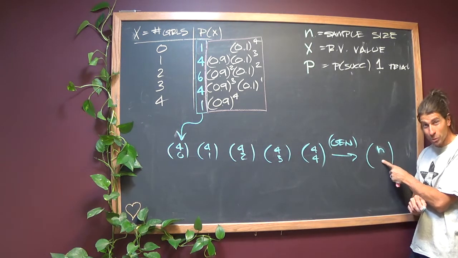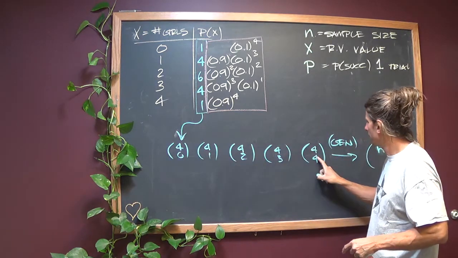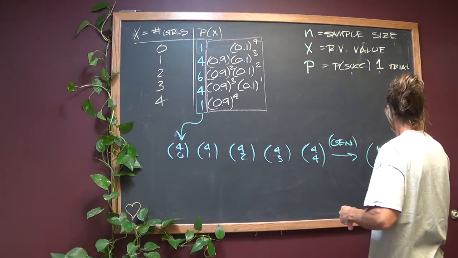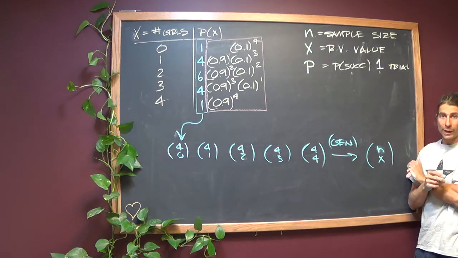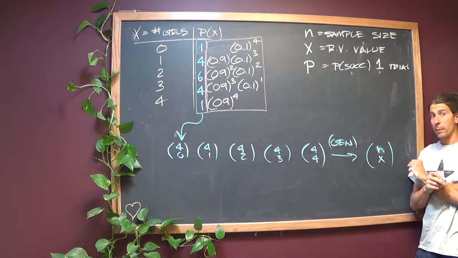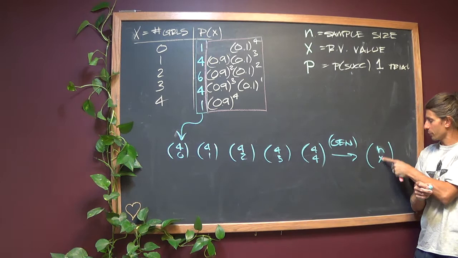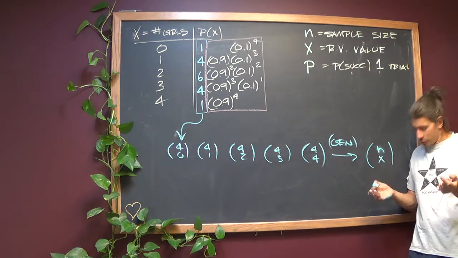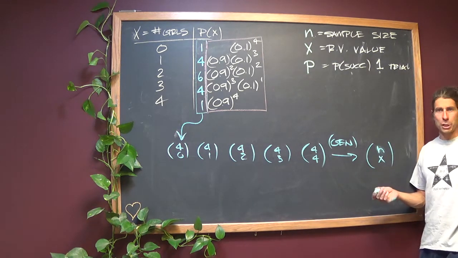Well, you're choosing whatever random variable is in this column, which we call x. So in a general form, the multiplier that you put out front of each one of those lines of probabilities is n choose x. In this case, 4 choose 0, 4 choose 1, 4 choose 2, 4 choose 3, or 4 choose 4. But this can be extended, of course, if you have 10 chickens, or 20 chickens, or 50 chickens, however many chickens you have.